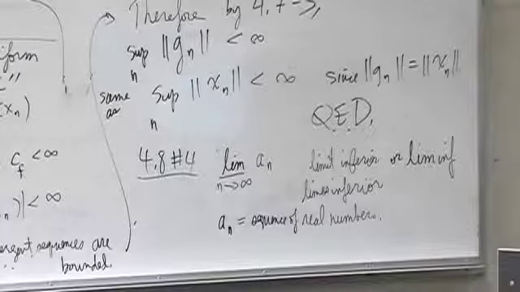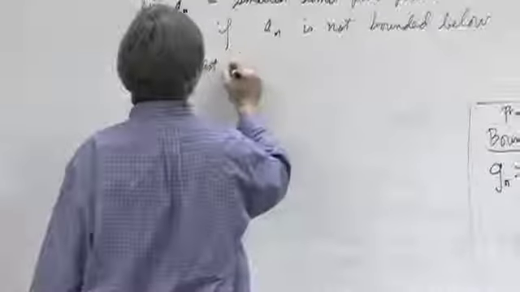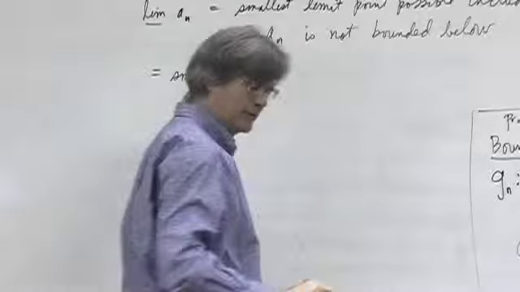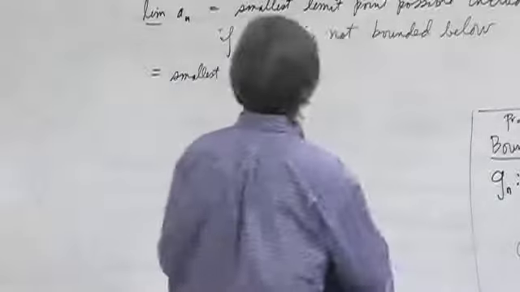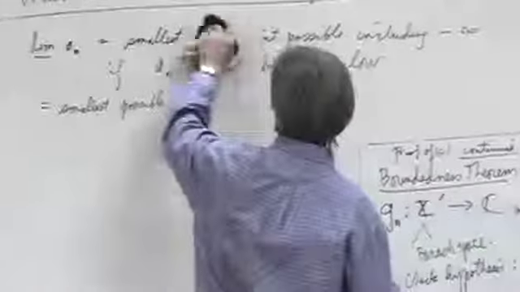If you can just keep going down along some subsequence, basically you're looking at subsequential limits, and it's the smallest possible subsequential limit. Well, actually, it's not a limit point; I shouldn't call it that. It's the smallest subsequential limit possible.